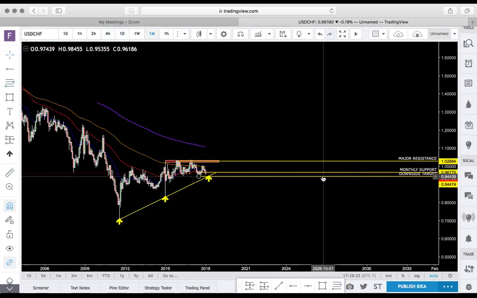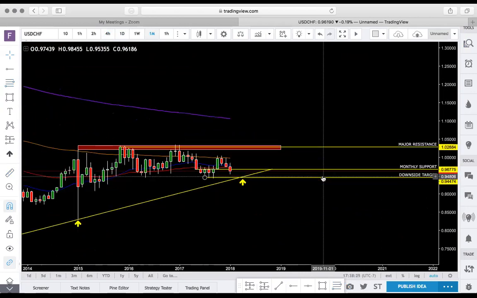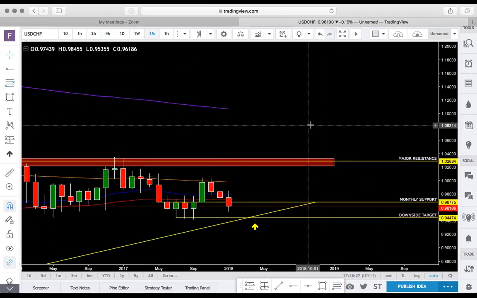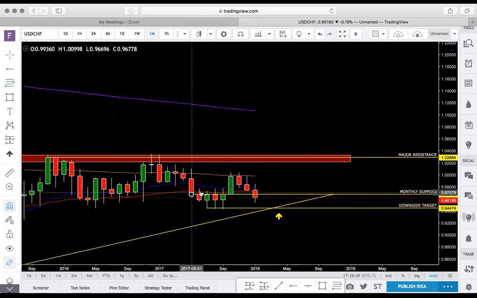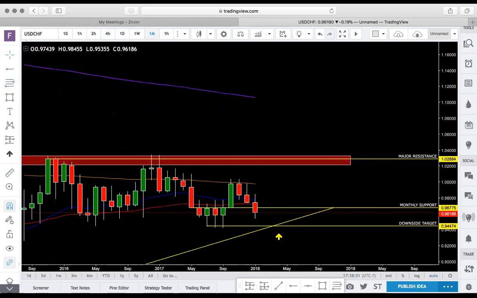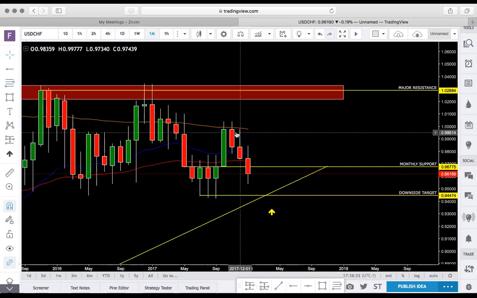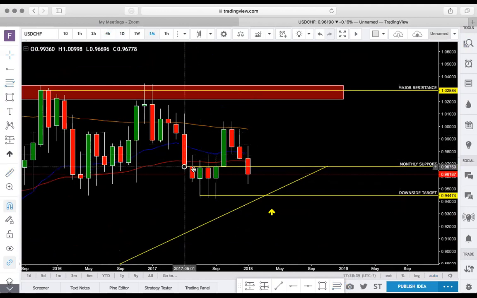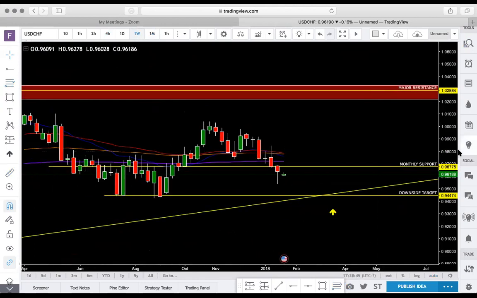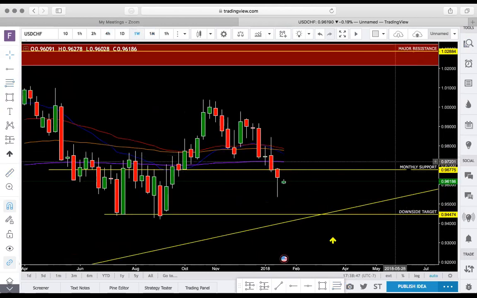And if you look at a monthly time frame, so on the monthly, I mentioned this zone here at 96.775. And that's the low of this candle, the body here, the low of this candle, and now price is below that. So this is a monthly candle here. So I was looking at that as the monthly support.